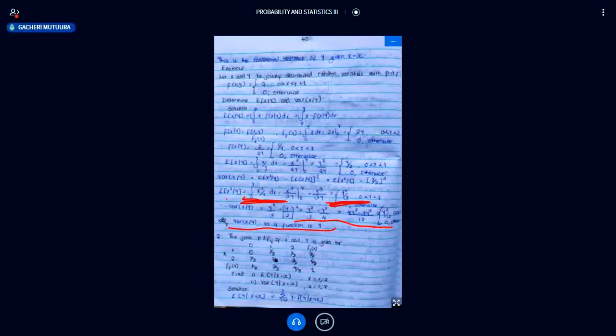As we said, you notice that variance is a function of y. We have always said expected values are constants. But for this conditional expectation, note the expected value of x given y is a function of y. The variance of x given y is a function of y. Expected value of y given x is a function of x, and the variance of y given x is a function of x.